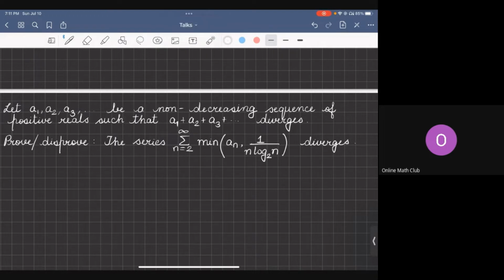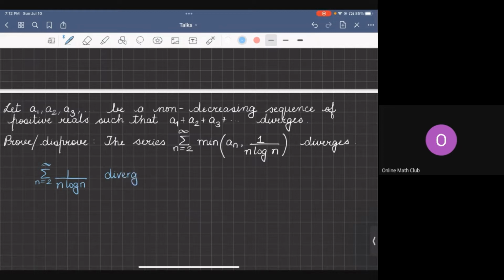So, okay, I'll omit 2 from the base. I'll just assume that the log is always base 2. Notice that the last time we saw that this series, n equal to 2 to infinity of 1 over n log n, diverges, right?